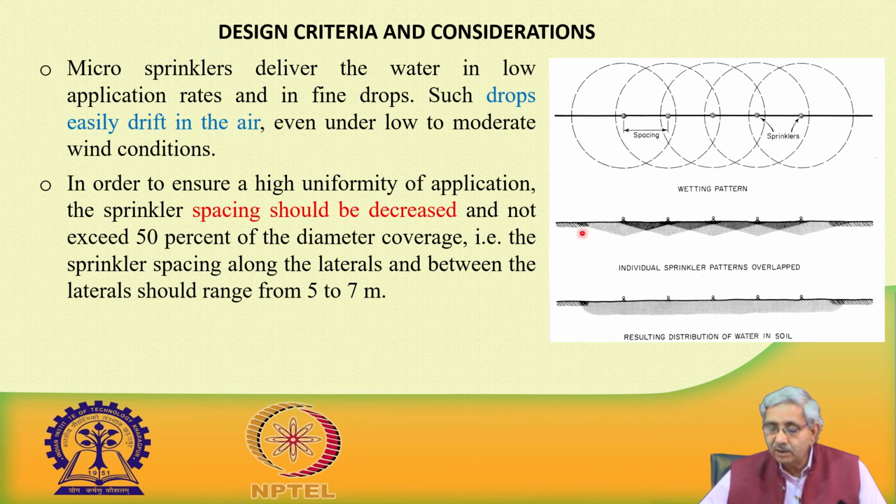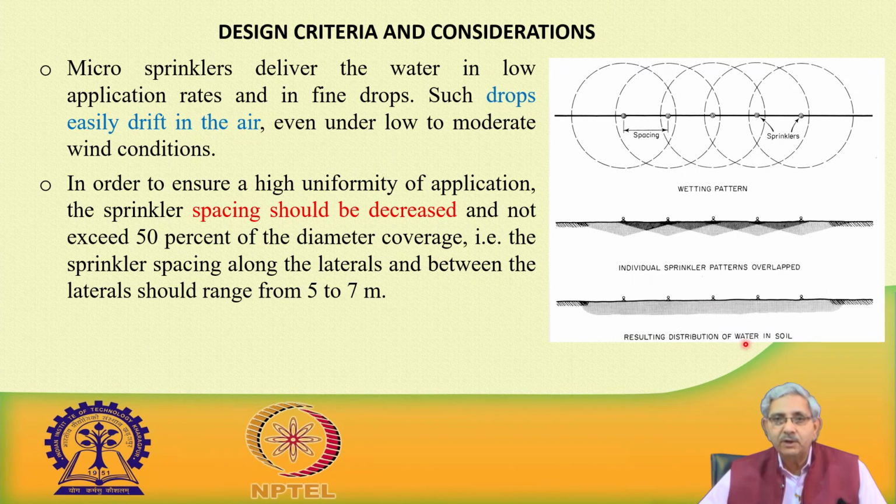The water getting received by the land surface gives this kind of soil moisture distribution. This shows the individual sprinkler overlap and the resulting distribution of water in the soil. The individual sprinkler overlap looks like this, and the resulting soil moisture distribution looks uniform.